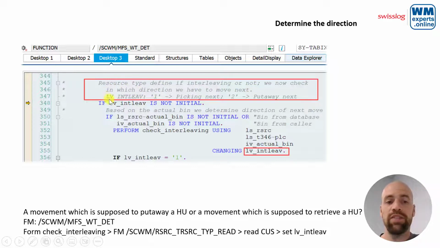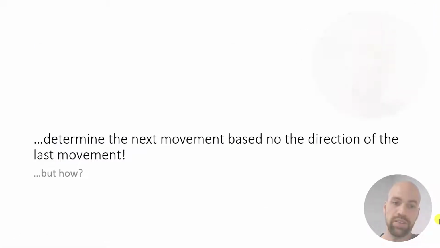This variable is filled with a 1 in case picking is supposed to be the next move, and with a 2 in case put away is to be the next move. The decision, picking versus put away, is taken in subroutine check interleaving, and we will now look into this subroutine to understand how this decision is actually taken.